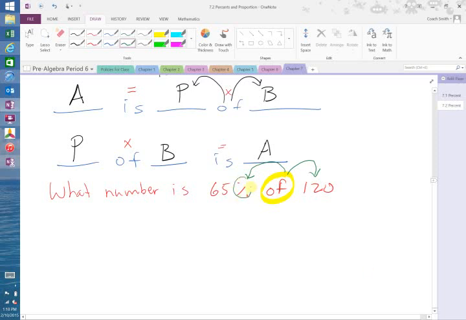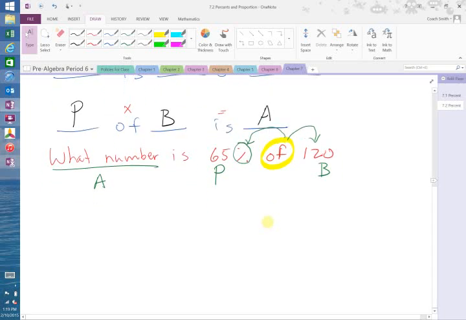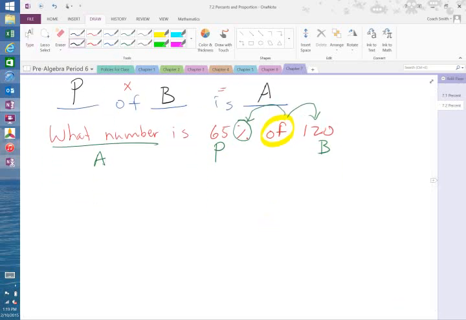This has a percent sign, so that would be your P. That makes this the B, and this would be the A. Now that we know what information we're given, I plug it into my proportion, A over B equals P over 100. I'm looking for A, the B is 120, and the P is 65 over 100.